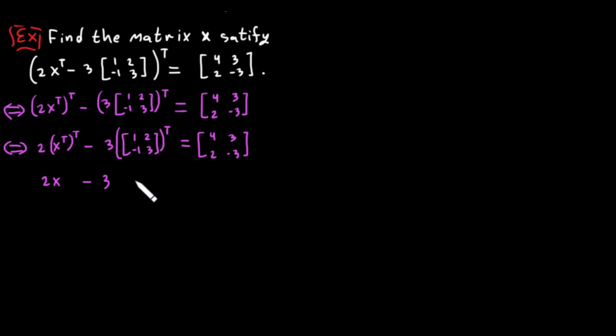Now here I will write 3, the transpose of this matrix. The first row here will become the first column here. So 1, 2, I will write here 1, 2, negative 1, 3, negative 1, 3. So the row will become column, equal this.